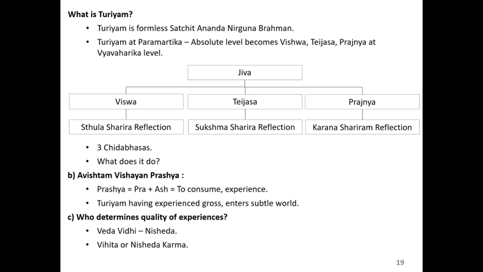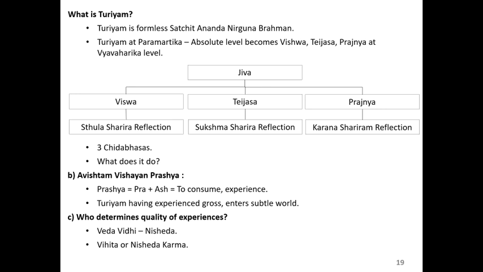What is the positive side of prajna? In the prajna avastha, there is a glow of that Atma. There is a glow. All of us experience it. That glow is called the reflected consciousness. Now, all these three are reflections of that pure turiyam.